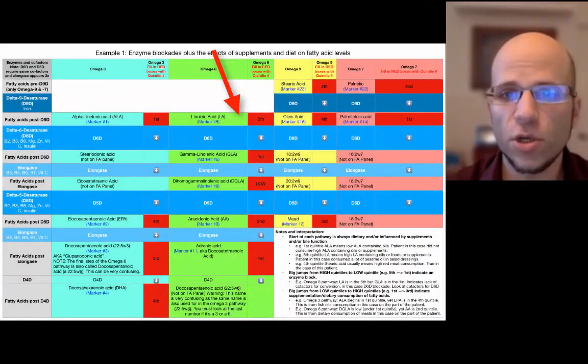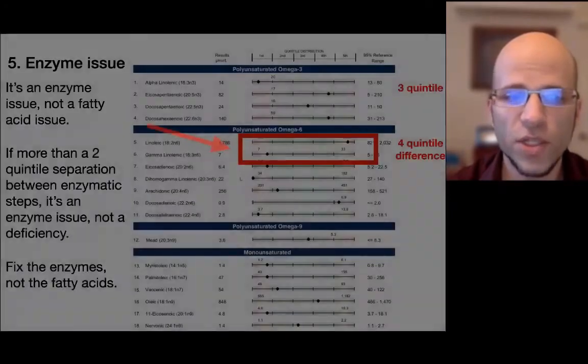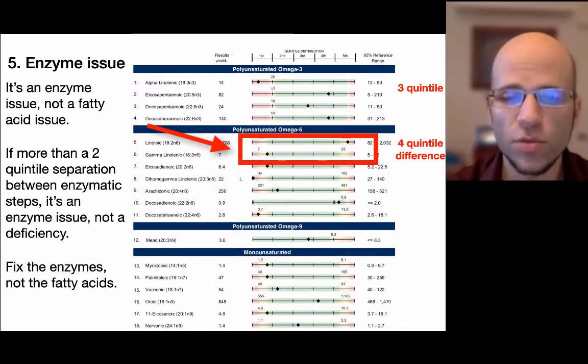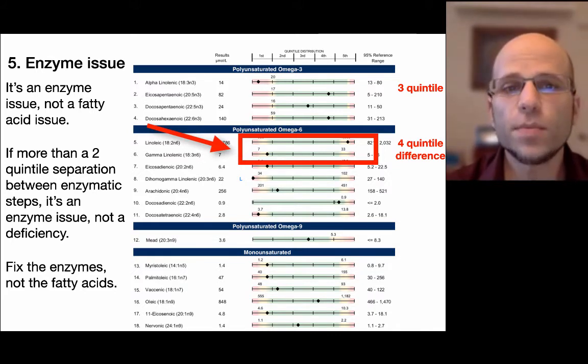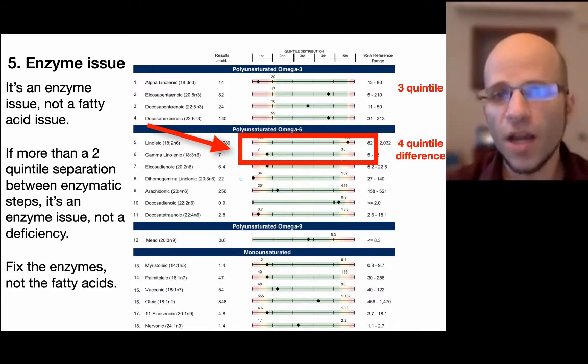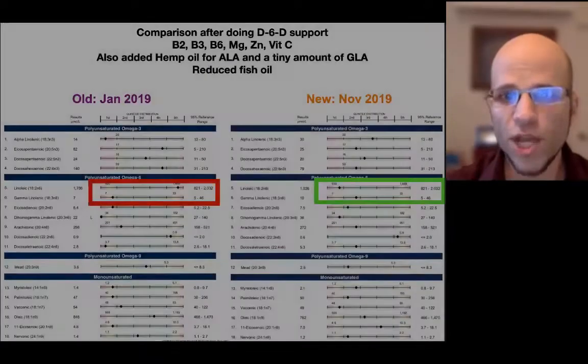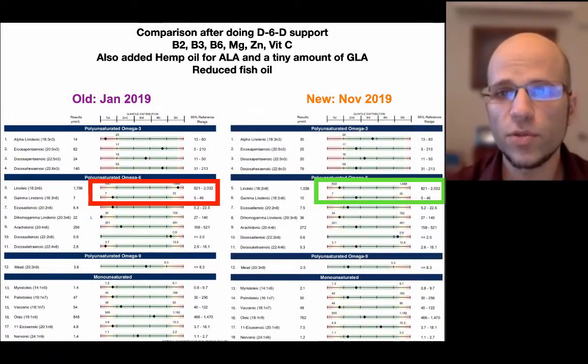This is again my chart with my fatty acids showing that fifth to first quintile in the omega-6s. It's an enzyme issue, not a fatty acid issue. And then this is a comparison of my ion panel from January 2010 to November 2019. So this is a 10-month difference.